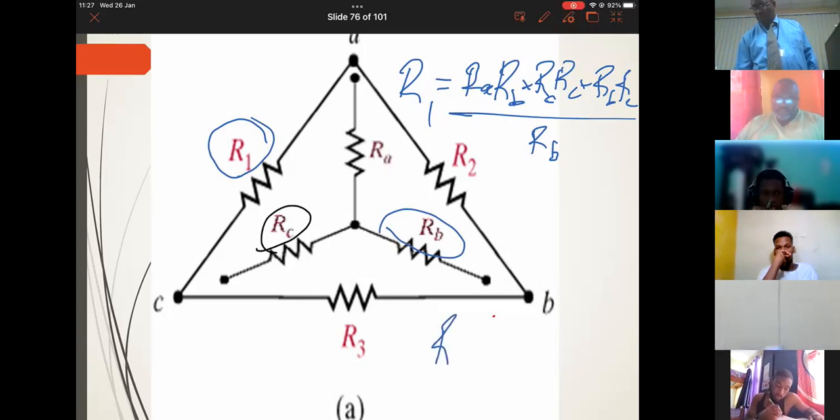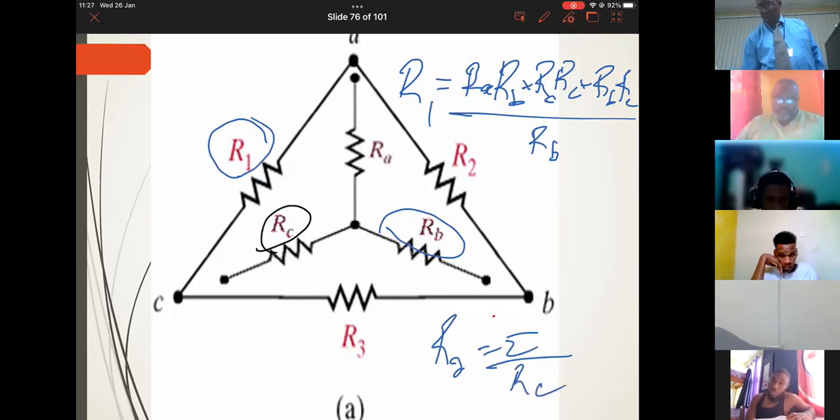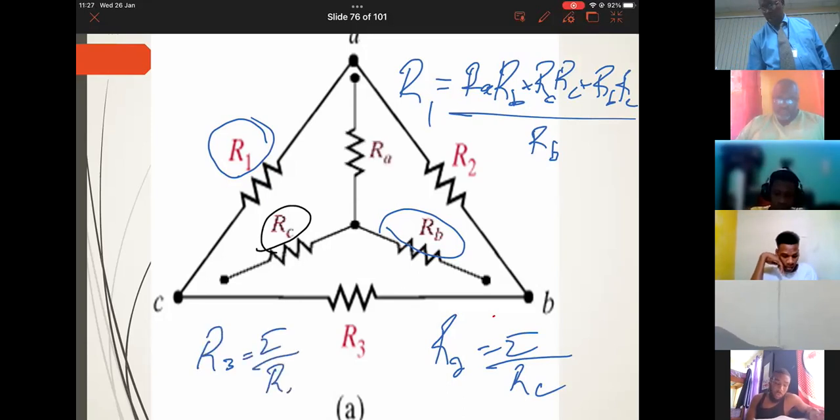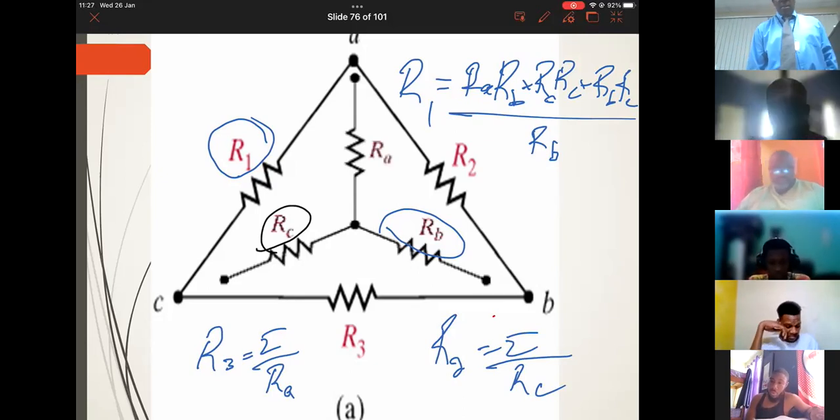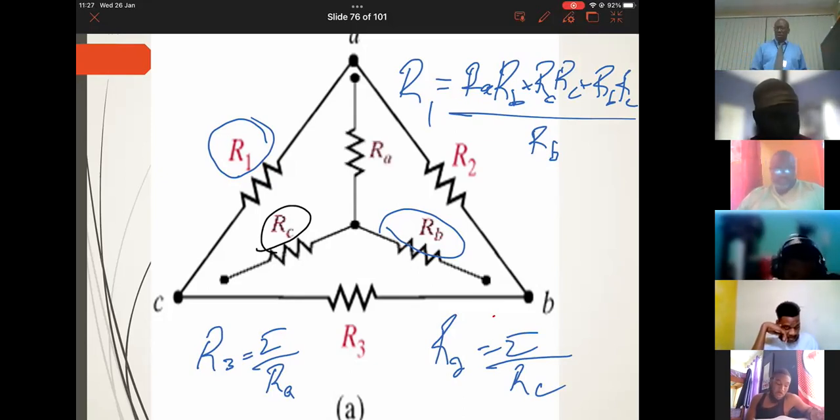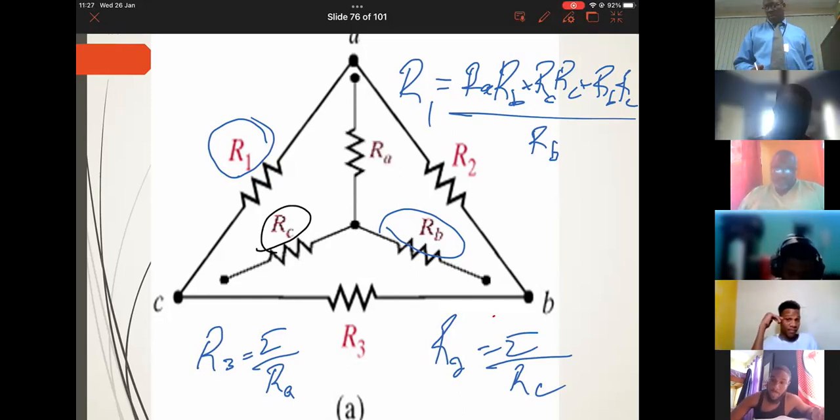R2, you'd have the sum of products, and you'll be dividing by RC. And R3, again would be the sum of products, and you'll be dividing by RA. All right, that clear? Of course, we can give you these formulas, but until you start using them, you're still going to be a little lost.